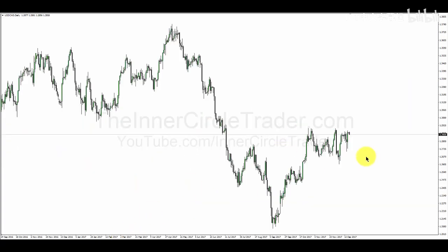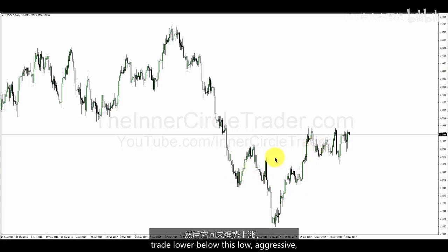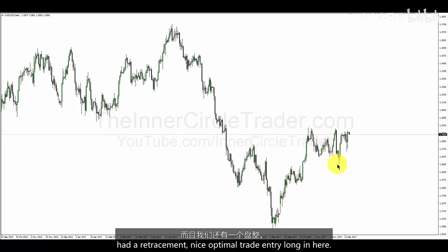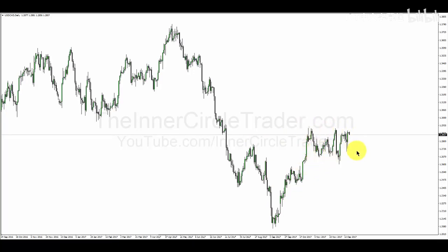Dollar CAD, we've had an attempt to trade lower below this low, aggressive, and then it came back roaring higher, eventually taking out this swing high. Had a retracement, nice optimal trade entry long in here, and we also have a consolidation. So it looks like we could be another leg higher on dollar CAD, if not for anything else, a run on these double tops.